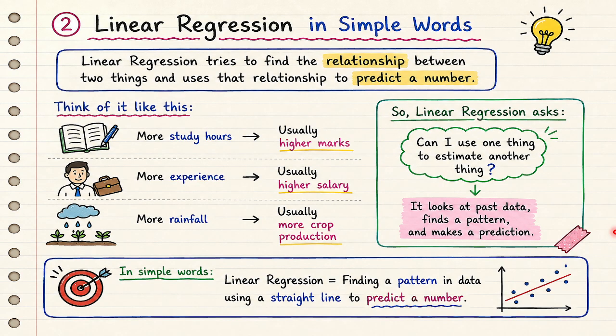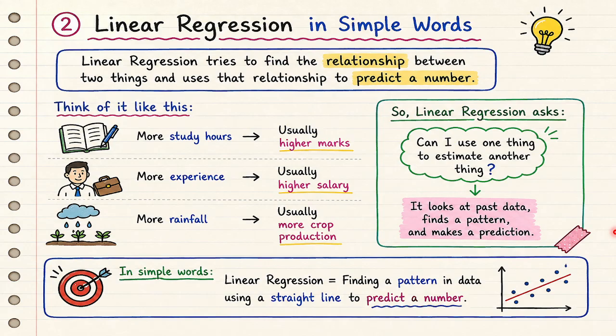Just like we use our past experience and understand that if a student studies for more hours, they may get better marks, right? Linear regression also does something similar. We give the model training data, and from the data it tries to find a pattern. So now what is a pattern?